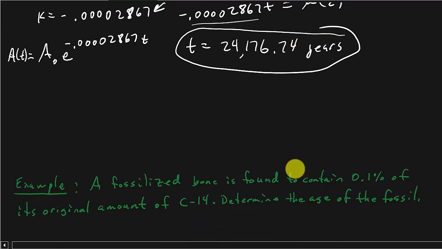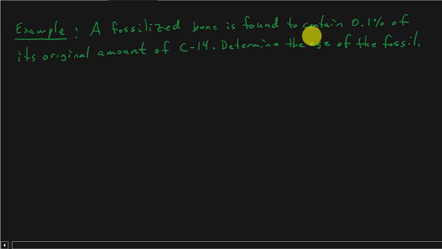All right. Now let's look at this one. It says a fossilized bone is found to contain 0.1% of its original amount of C14. Determine the age of the fossil. Okay, we can set up the differential equation.